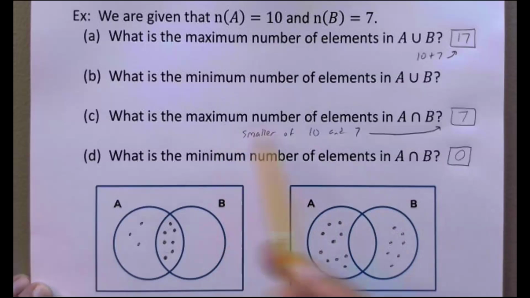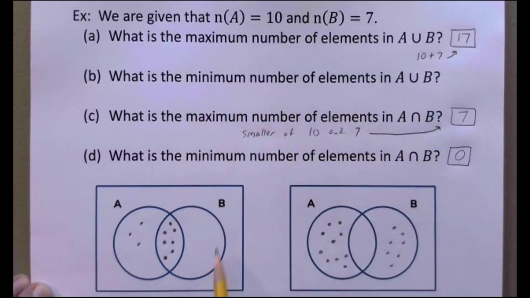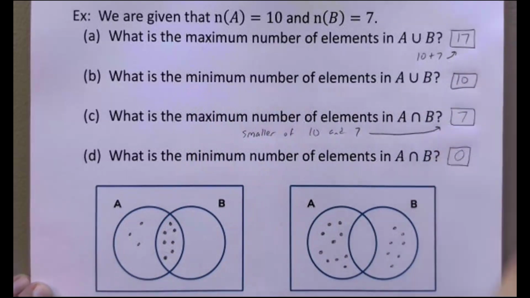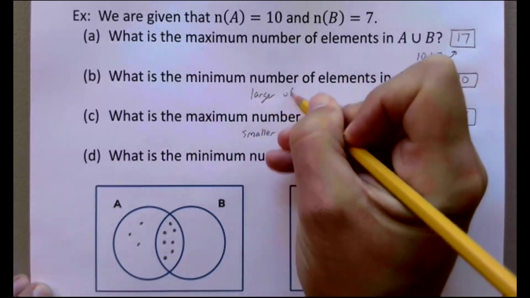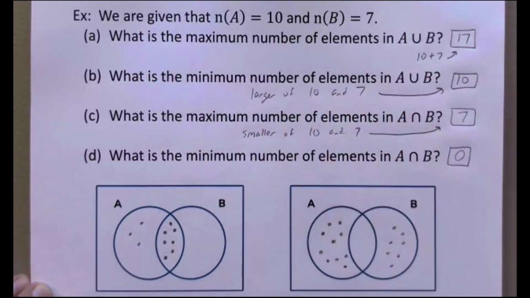But at the same time, while we were maximizing the intersection, we were also minimizing the union. Like this is the least amount of dots I could have drawn this picture with. There's only 10 dots here. That is the larger of 10 and 7.